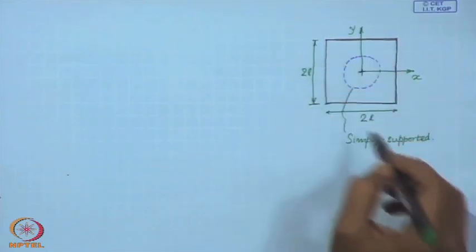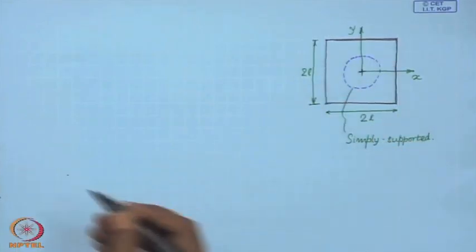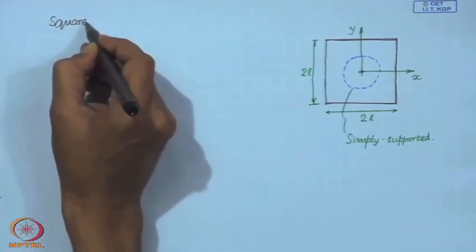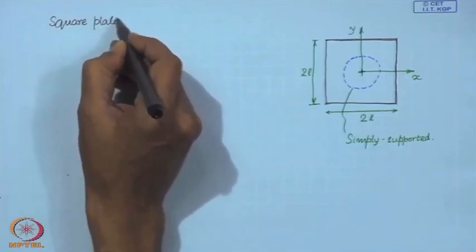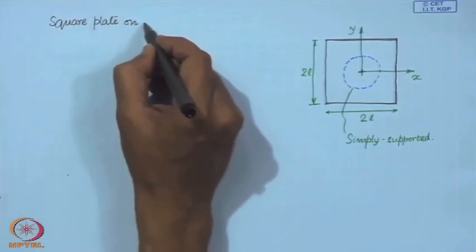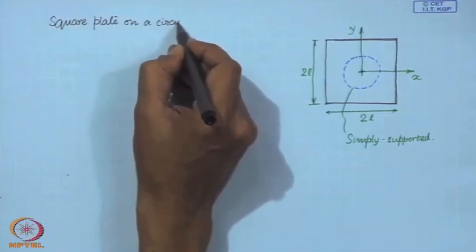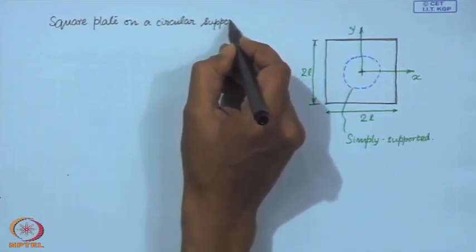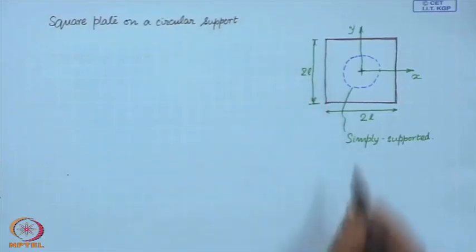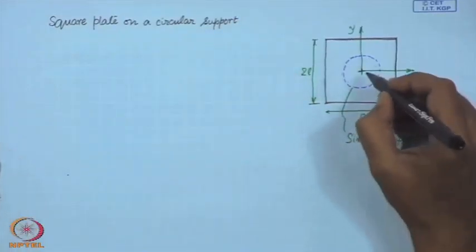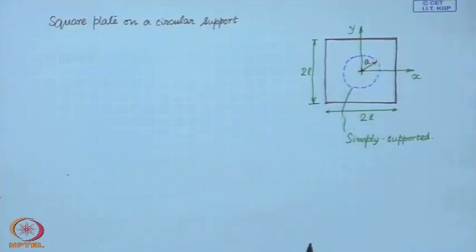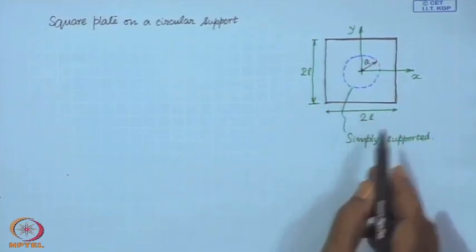Now, we are looking at a square plate on a circular support. The radius of this support circle is A and the side is 2 L.